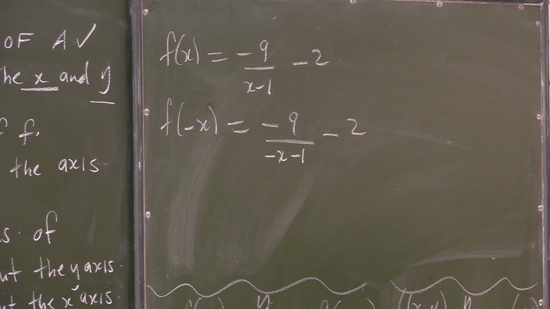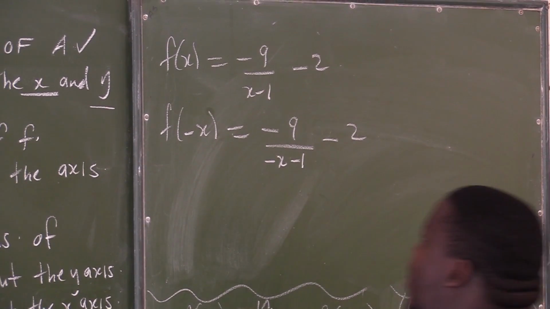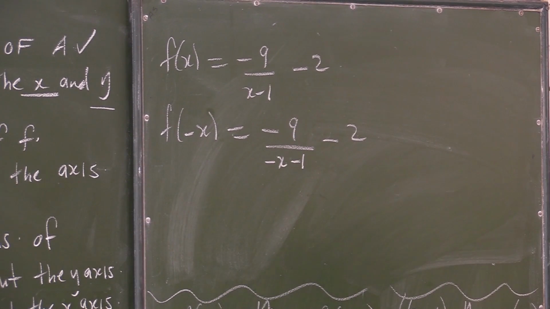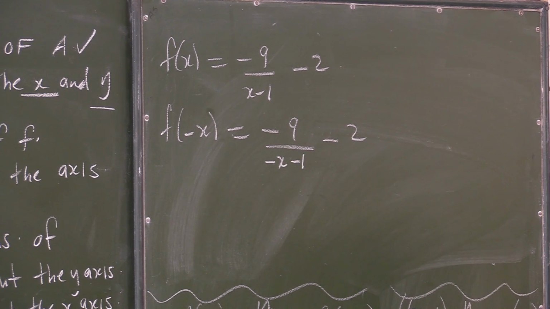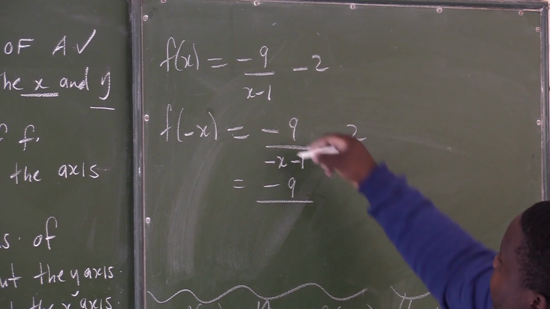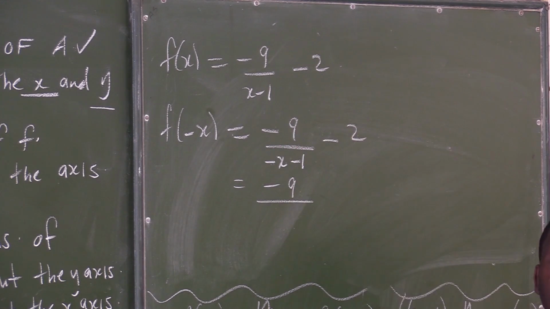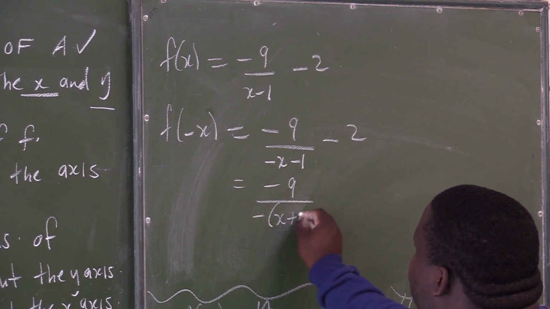But when you look at this equation, it means any mistake here you must guard against. A learner will be tempted to say the negatives will cancel out, and that is mathematically incorrect. Instead, for the negative 9 there is a negative, then you can factor out a negative, leaving x plus 1.